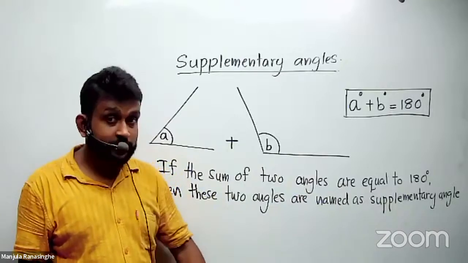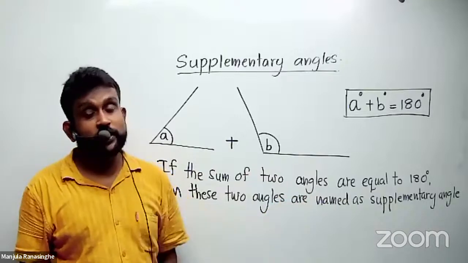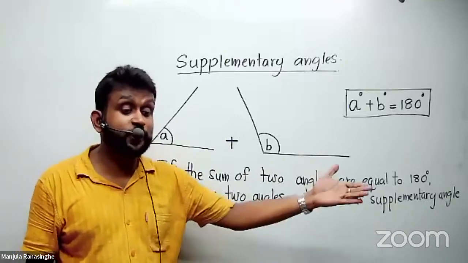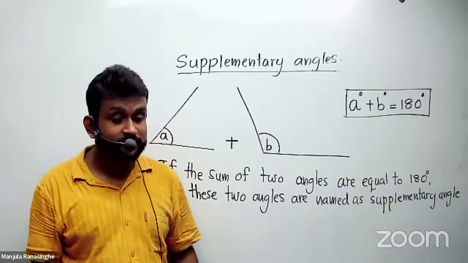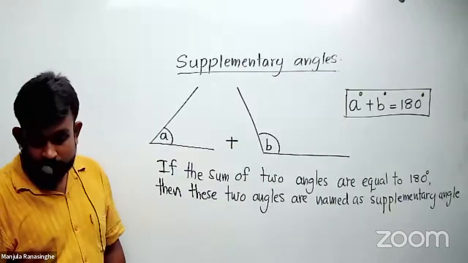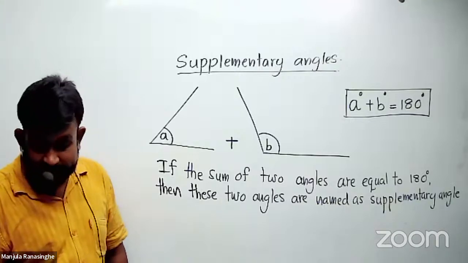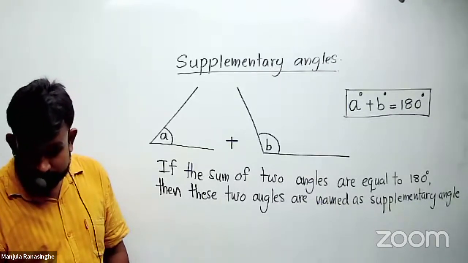If you have y, 90 minus y. If you have flower, 90 minus flower. That is the concept. If you are not clear on anything, you can raise your hand or ask me directly.